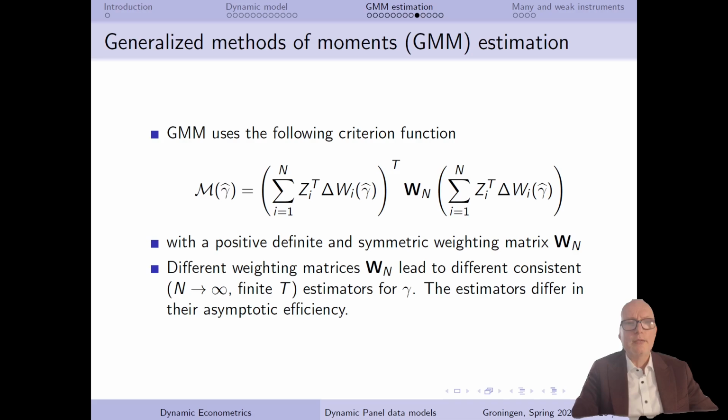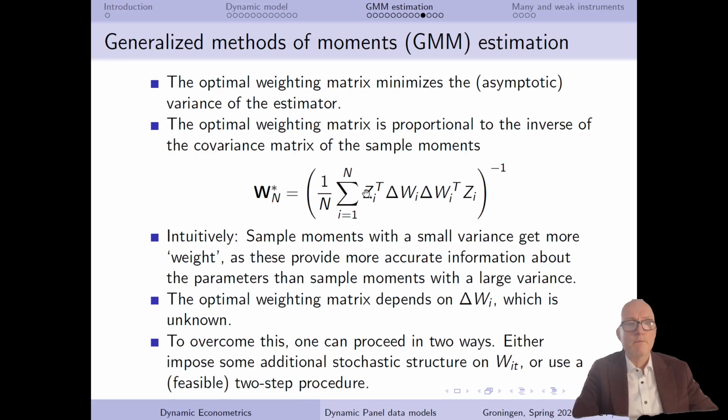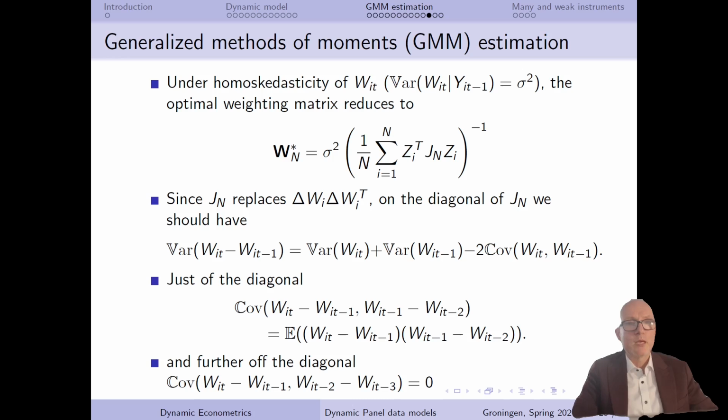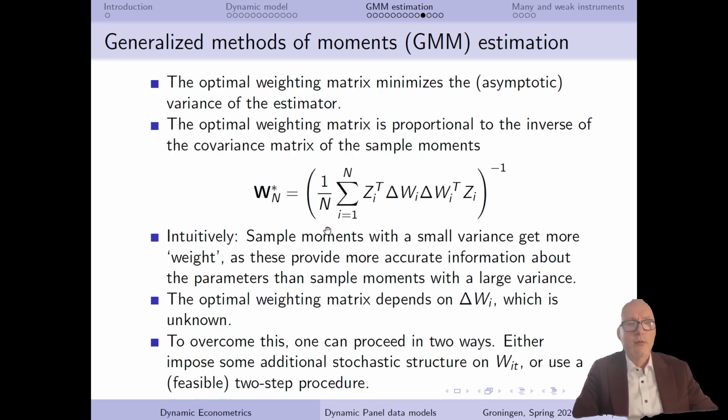So the question arises, how are we going to solve that problem? Well, in order to overcome this, we can proceed in two ways. Either we impose some additional stochastic structure on Wit, or we use a feasible two-step procedure. Let's start with the first one: adding some additional stochastic structure on Wit.